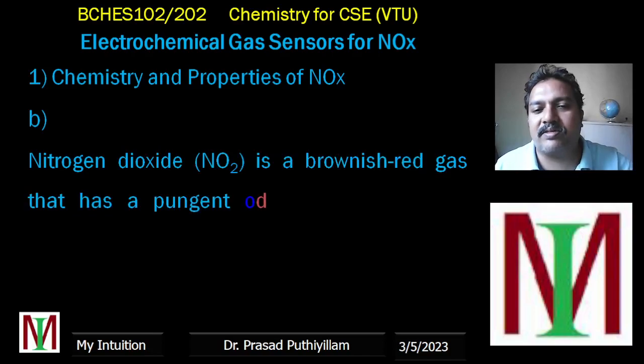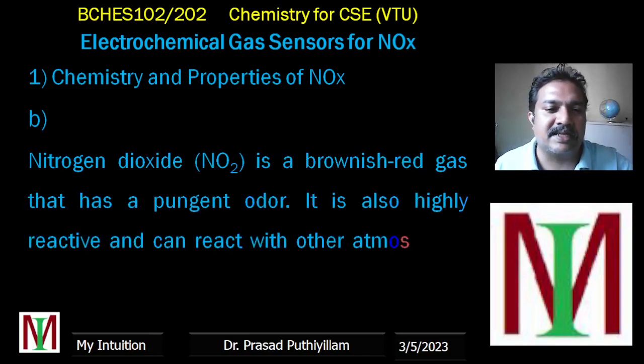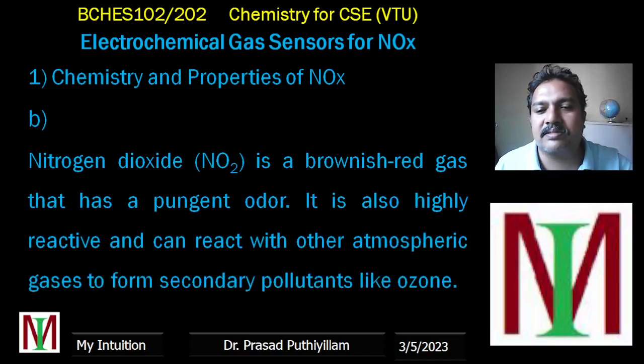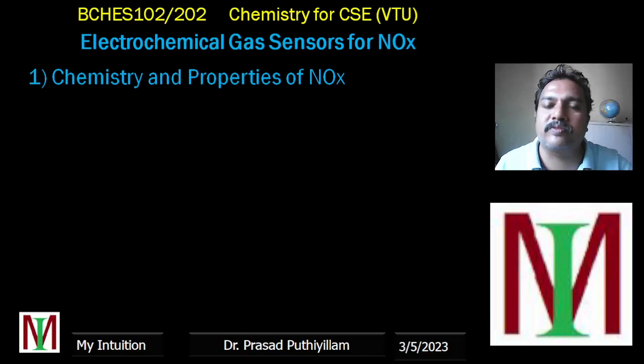Nitrogen dioxide, NO2, is a brownish red gas that has a pungent odor, so it can be detected. It is also highly reactive and can react with other atmospheric gases to form secondary pollutants like ozone. Ozone is good in the upper atmosphere as the ozone layer, but not at our level.